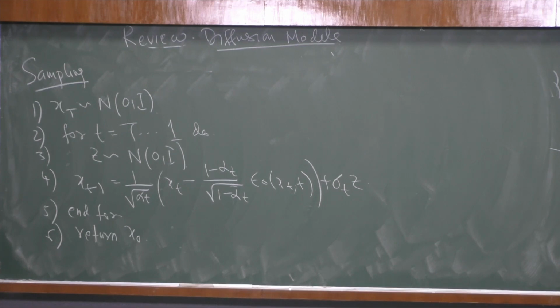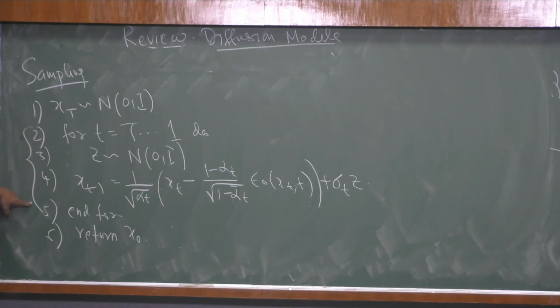Okay, so in this, if you compare with the GANs, right, you will see that you have to go through steps. In GANs you do it in one step via the generator, but here you have to go through T time steps.